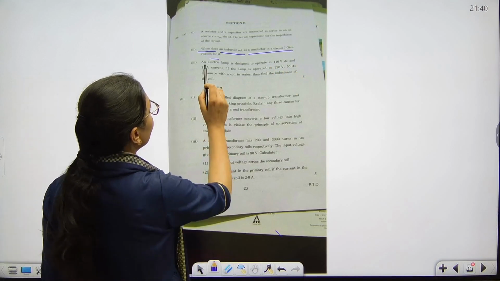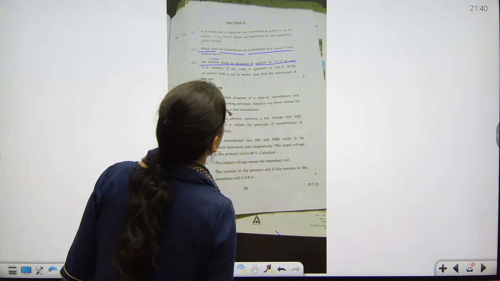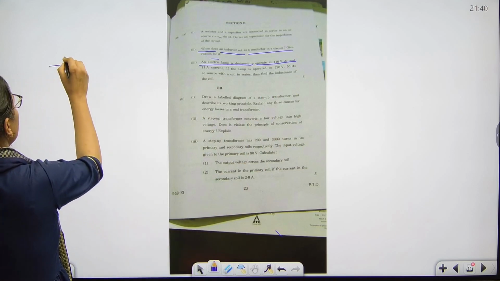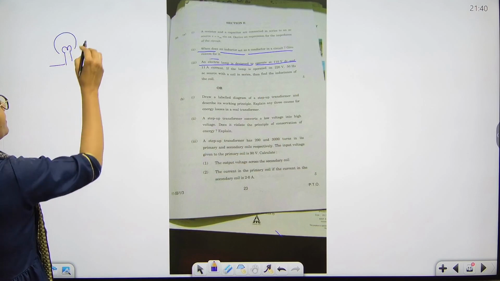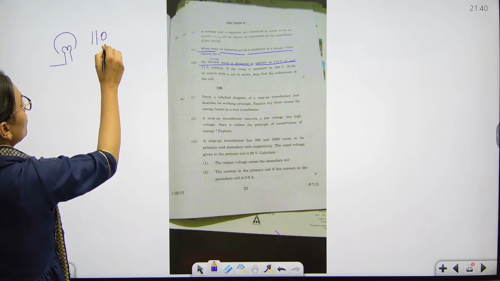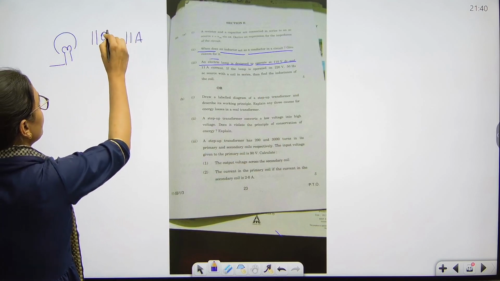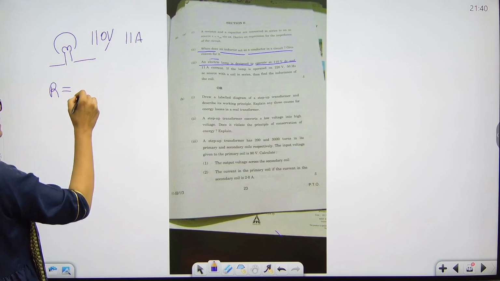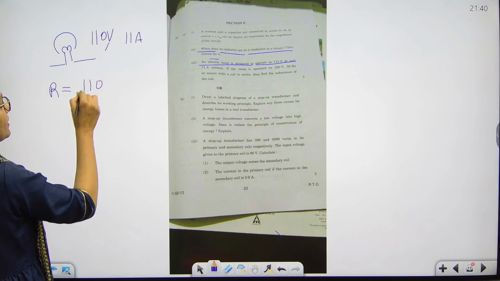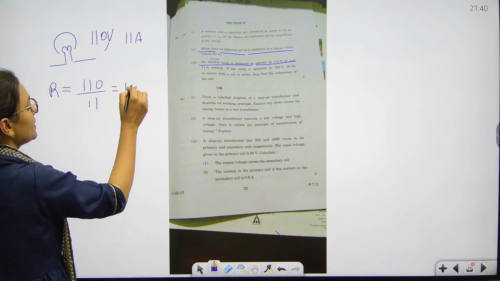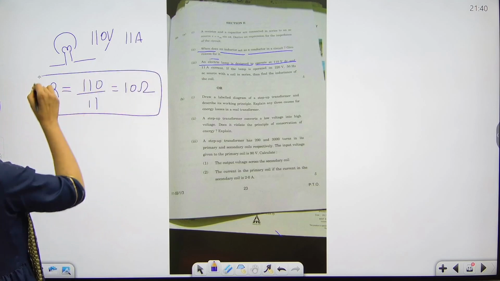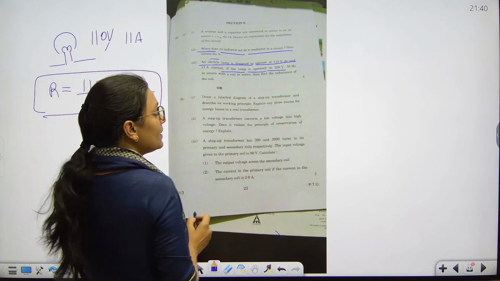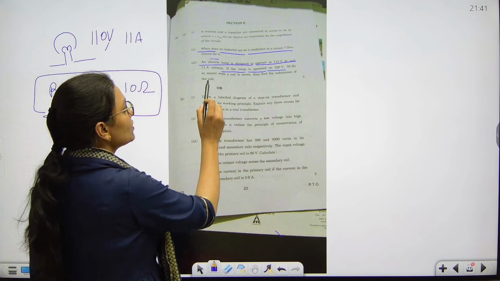Then after that, an electric lamp is designed to operate at 110 volt and 11 ampere current. So we have a lamp and the rating is 110 volt and 11 ampere. Now can we find the resistance of this lamp? Resistance of the lamp will be voltage divided by current, 10 ohm. This is the resistance of the lamp. After that, the lamp is operated on a 220 volt 50 hertz AC source with a coil in series.